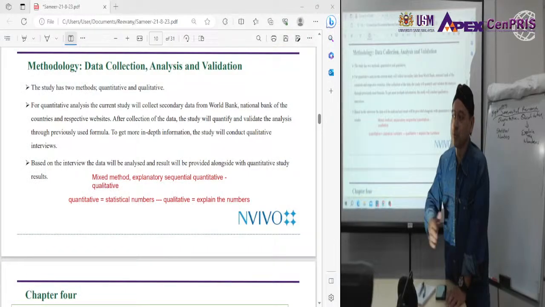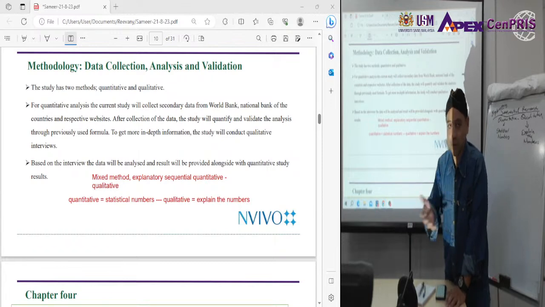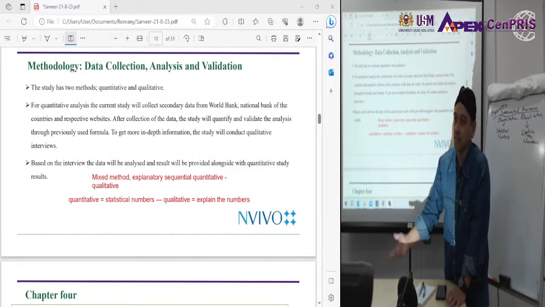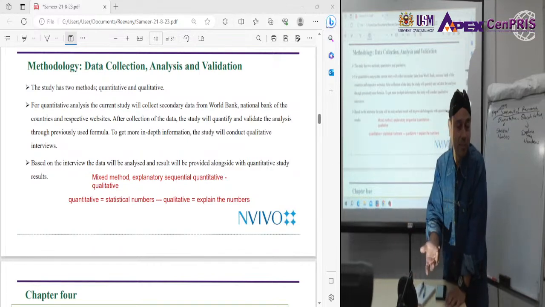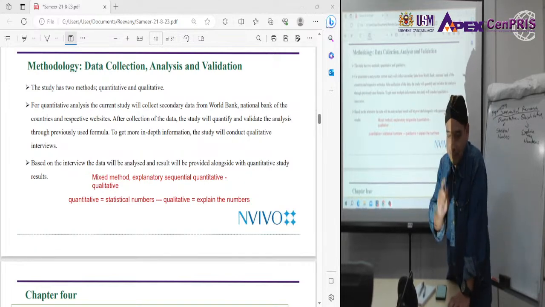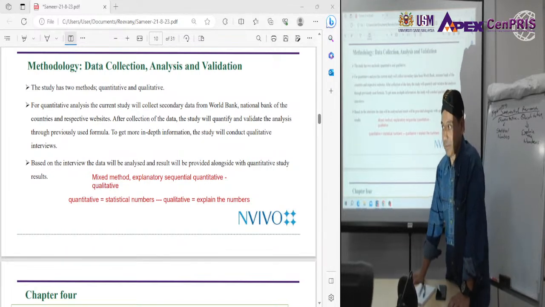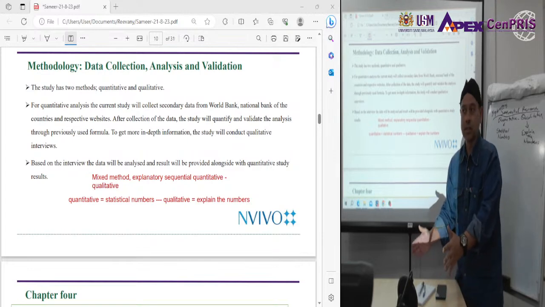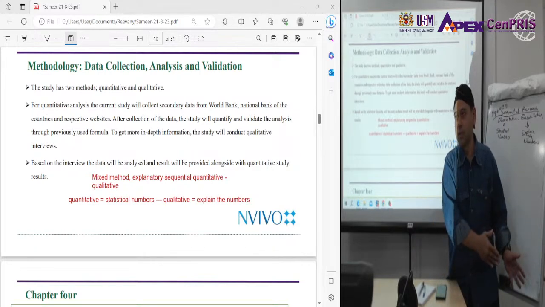Because all research has methodology. Secondly, not all examiners understand your theory, but they understand methodology. And the worst part is that examiners sometimes do not understand methodology well. They understand certain parts, but not other parts of the methodology.